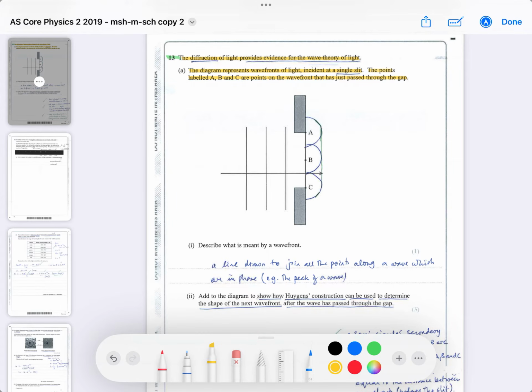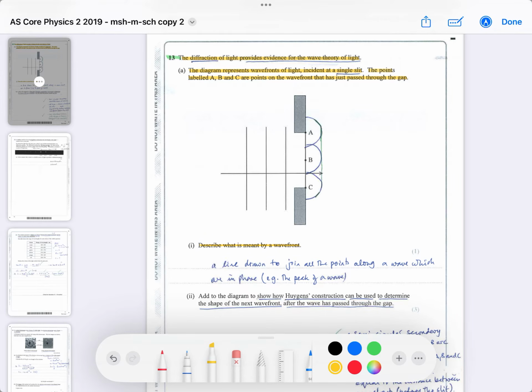So here's the gap from A to C, and the wavefronts, you can see the distance between them represents the wavelength, and they first of all want you to describe what is meant by a wavefront.